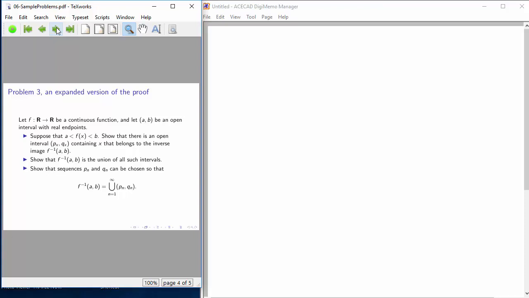We have a continuous function from R to R, and what we want to show is that the preimage of any open interval of the real numbers has to be a Borel set.